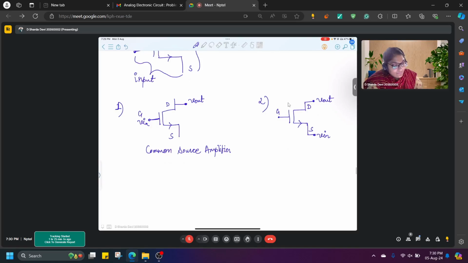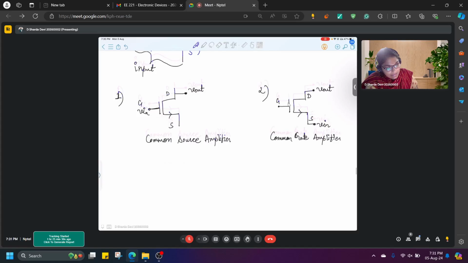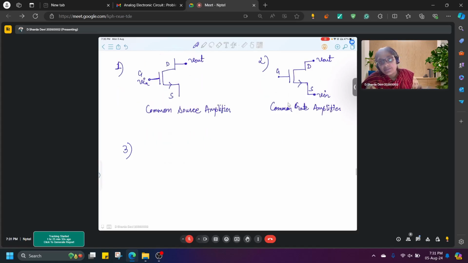So here the one terminal that is not being used is the gate. This configuration is known as common gate configuration, a common gate amplifier. Okay, common source, common gate. Now, since there is a third terminal which is left, let's replace this as well.